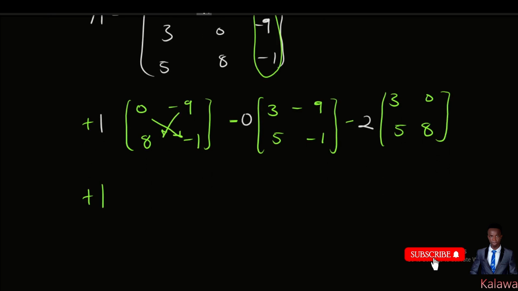That is 0 times minus 1. This is 0 minus, and then 8 times 9 is supposed to be 72, minus 72.